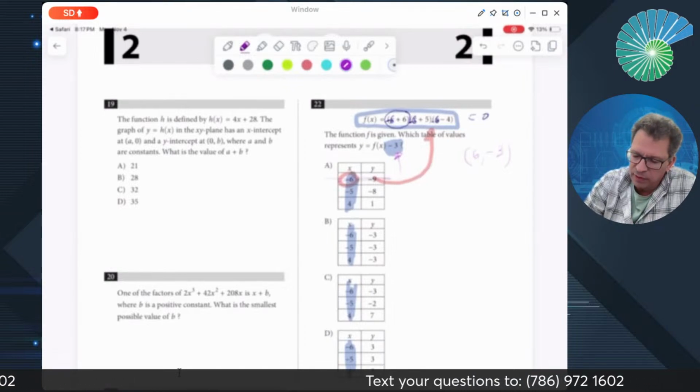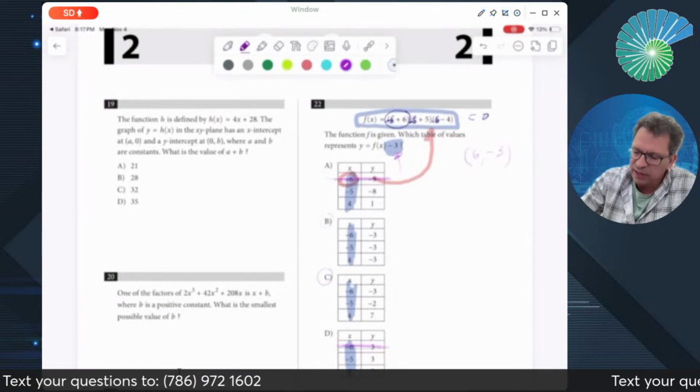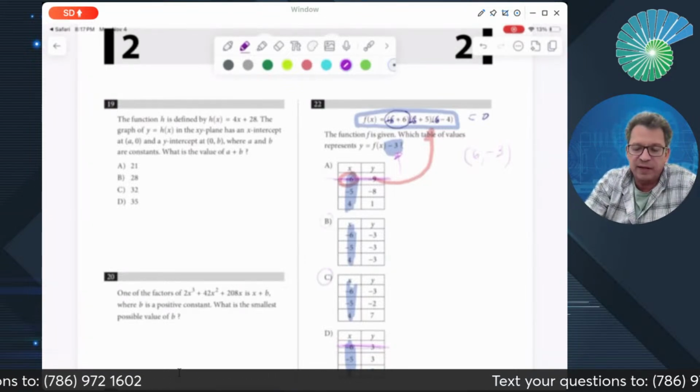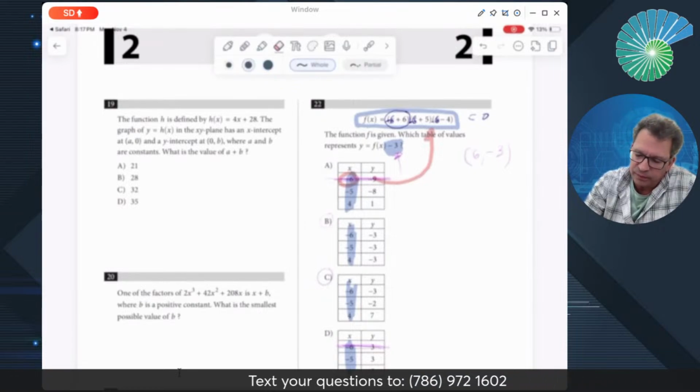So it's not here, and it's not here. These are the only two choices that contain the point (-6, -3). Then I will continue, and I will plug in a -5.